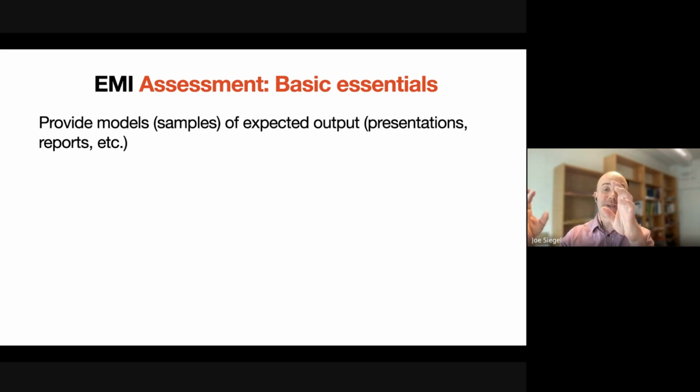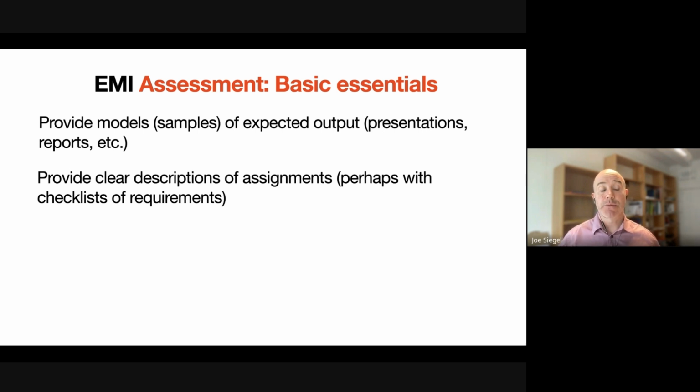Here's what an A presentation looks like and why. Here's what a C presentation looks like and why. So they get these kinds of models, they know what's expected. The same thing with reports or essays or summaries and so on. I use the word output here, something that the student has to produce. Well, we as teachers can show them models of what we expect them to produce.